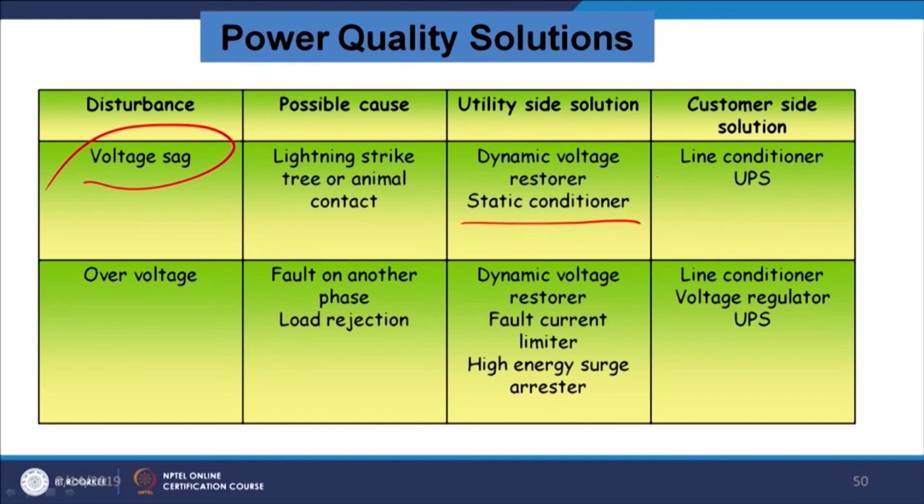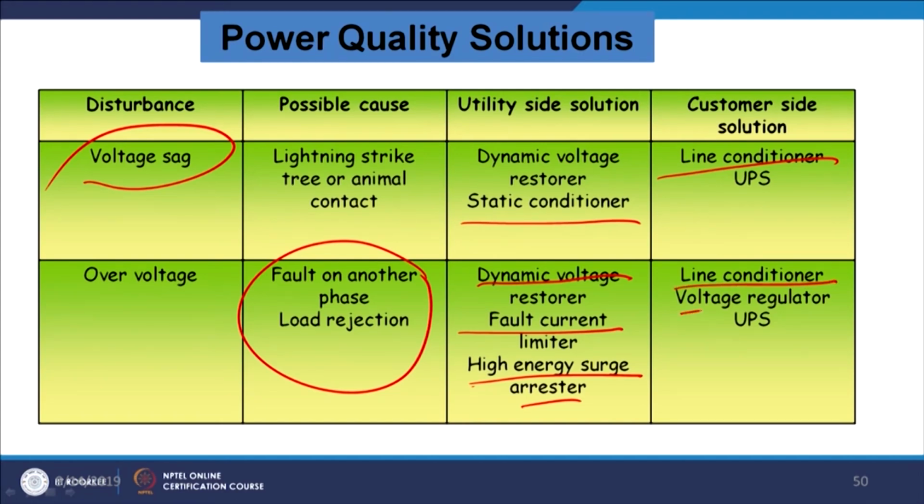The consumer side solution can be your UPS. For overvoltage, caused by a fault in one phase, the utility solutions can be a dynamic voltage restorer, voltage current limiter, or high energy surge arrestor, and the customer side solution is a line conditioner or voltage regulated UPS.